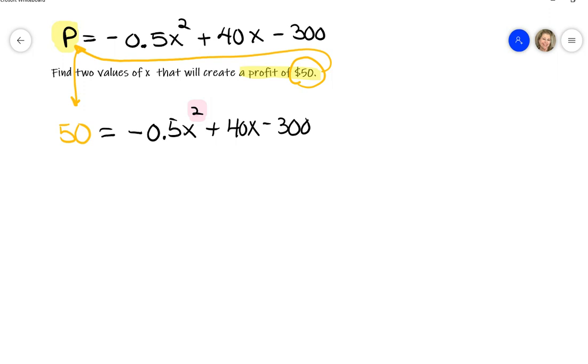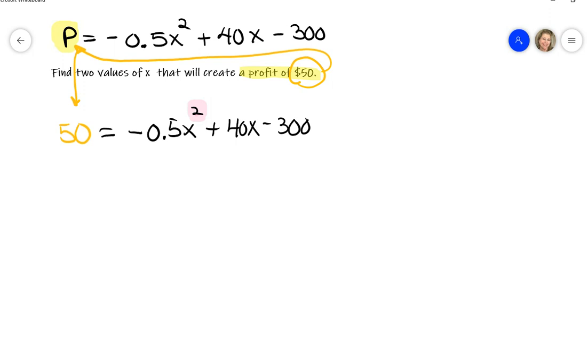And that means there's going to be two values of x. If that had been an x cubed, there would have been three values of x. If that had been an x to the fourth, there'd be four values, whatever your highest x is. If this had only had an x to the first, there'd only be one answer for x. But this is going to give me two.